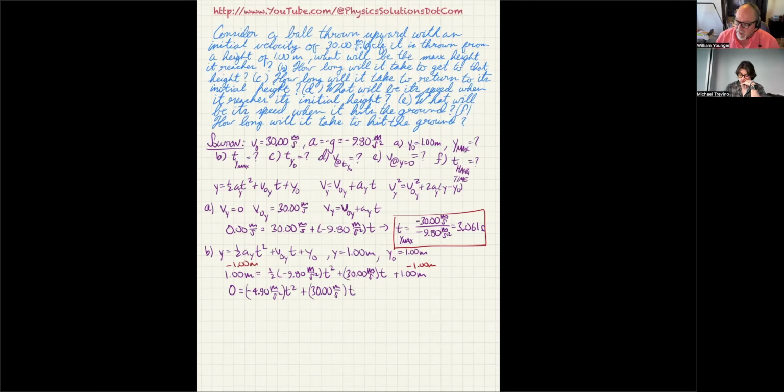Now, we know that that is an equation set equal to zero, and we can factor out a common factor of t. So from this, we can get 0 is equal to t times negative 4.90 meters per second squared times t plus 30.00 meters per second, close parentheses.